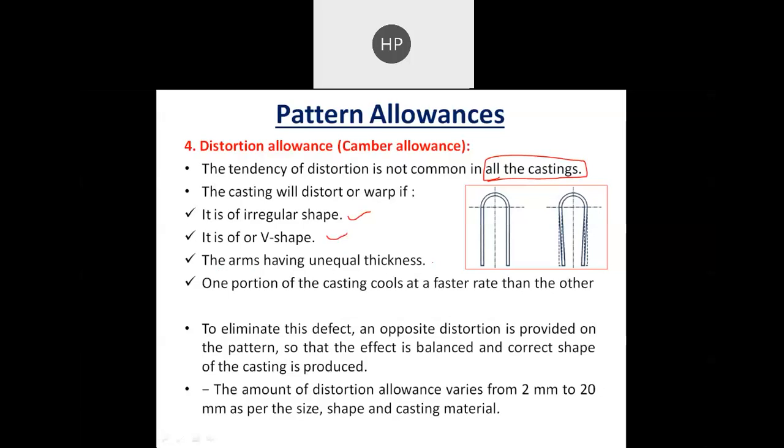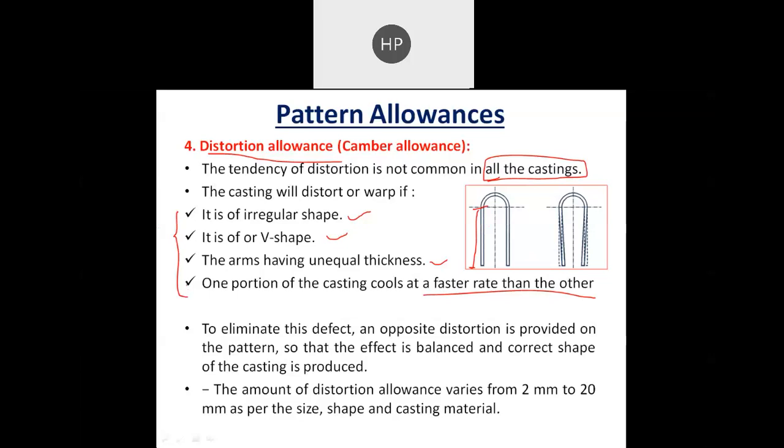Suppose this is the arm and it has unequal thickness, in that case also you will find this distortion allowance. And when one portion of the casting cools faster than the other, in that case also you will find this distortion or camber allowance.